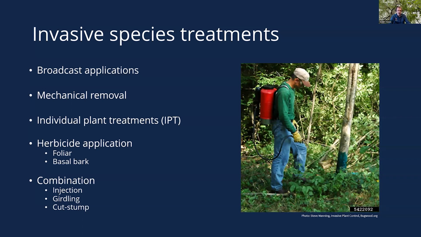Things like basal bark application, or a combination of herbicide applications and mechanical treatments like injections, girdling, and cut stumps. And again, I'm not covering these very much in depth, but Chris had a great webinar a few weeks ago that he really covered all of these topics in depth.